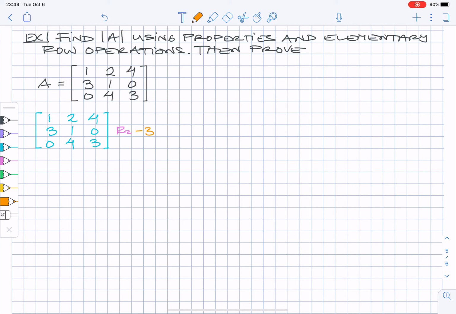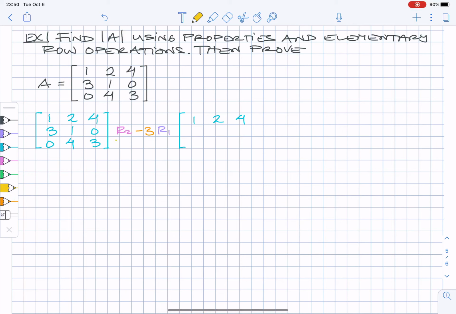Minus 3 times row 1, just to make that a 0 in that spot like we would usually do. So this is going to be 1, 2, and 4. But now 3 minus 3. Oh shoot, I should put an arrow here.